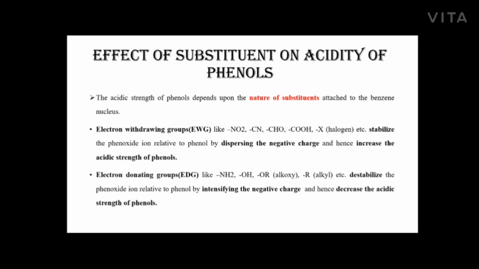Now the effect of substituents. What are the effects of substituents? If I substitute phenol with any group, it can be an electron withdrawing group as well as an electron donating group. So what are the effects of those groups on the acidity of phenol?